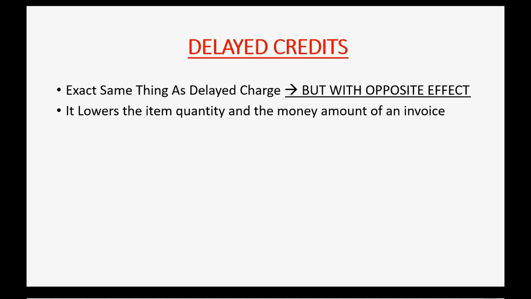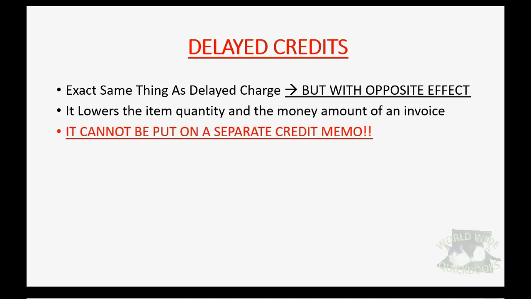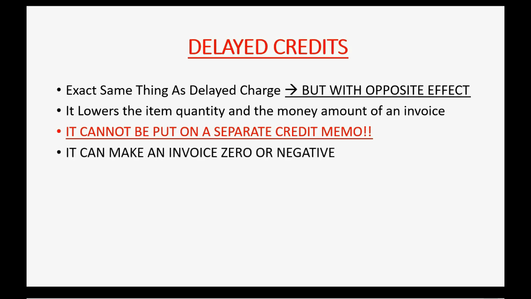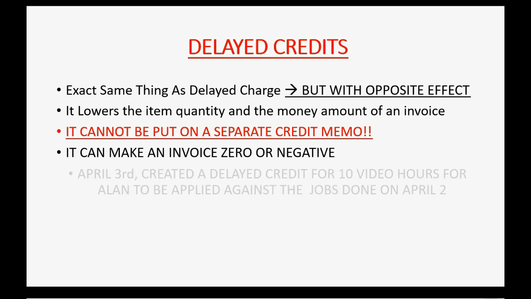Interestingly enough, a delayed credit cannot be put on a separate credit memo. Delayed credits and delayed charges can both only be put on an invoice. A delayed credit can make the invoice zero, or it can even make the invoice go negative.